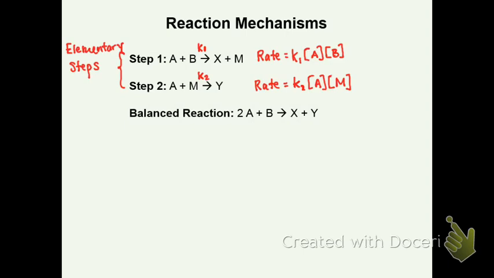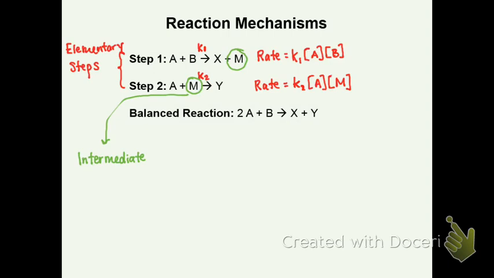Now in this mechanism, there are a few new species. In step 1, we form M, but in step 2, M reacts with A to form Y. So M is an example of an intermediate. M is a species that's formed in one step, but then it's consumed in another.